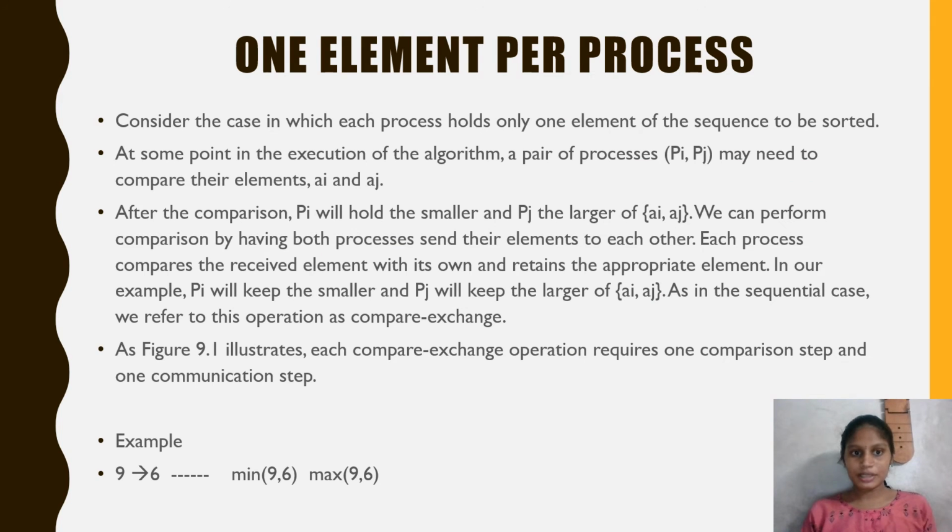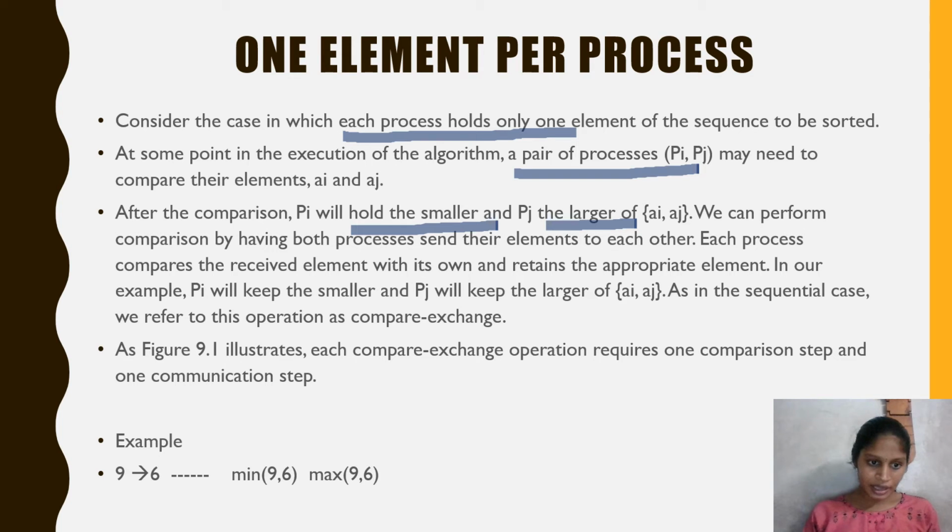One element per process. Consider the case in which each process holds only one element. At some point in the execution of the algorithm, a pair of processes may need to compare their elements. After comparison, Pi will hold the smaller element and Pj will hold the larger element. We can perform the comparison by having both processes send their elements to each other. Let's take an example.